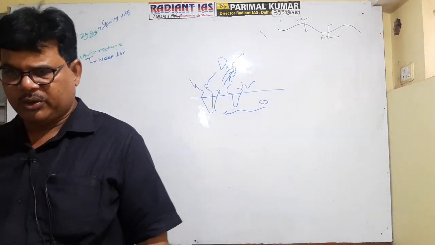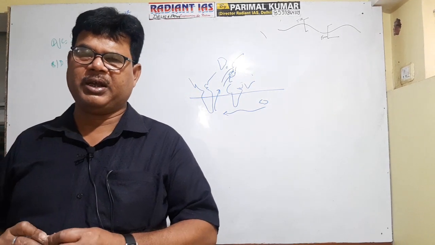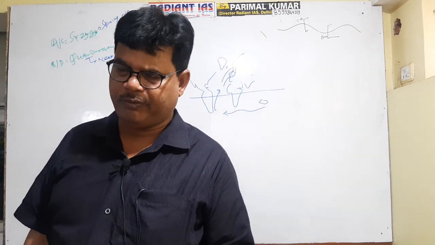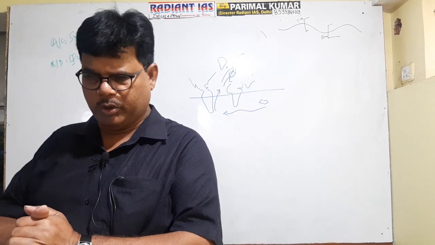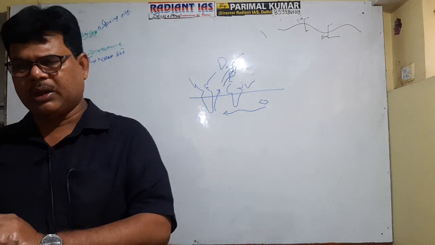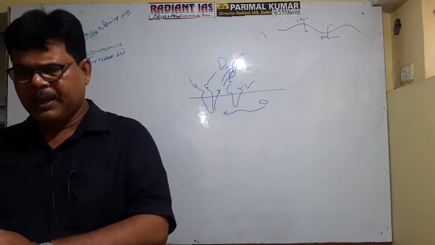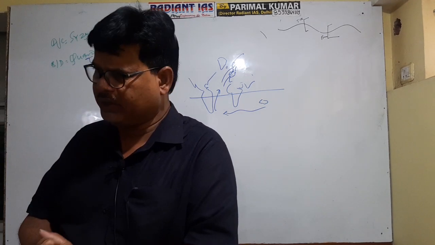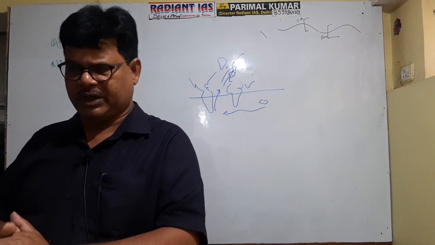So if the question is how you will explain the fact that the frequency of tide in the English Channel is more, it is better to explain it on the basis of the progressive wave theory. Another theory, along with equilibrium theory and progressive wave theory, is the oscillation theory.